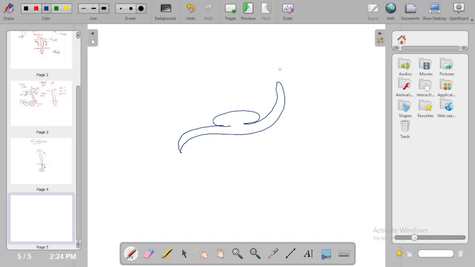So we know that this is the stem because it goes against gravity, and this is the root because it's going towards gravity. So why does the stem go against gravity and the root go towards gravity?